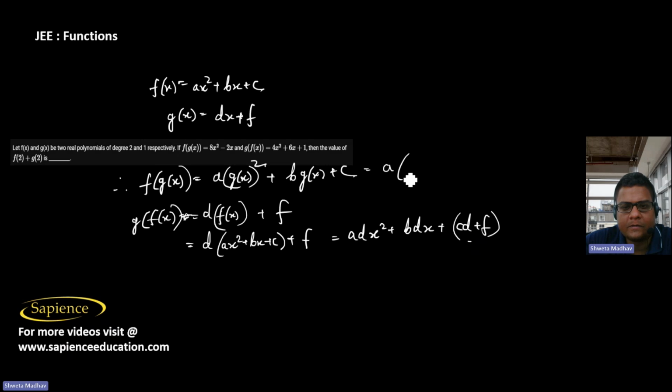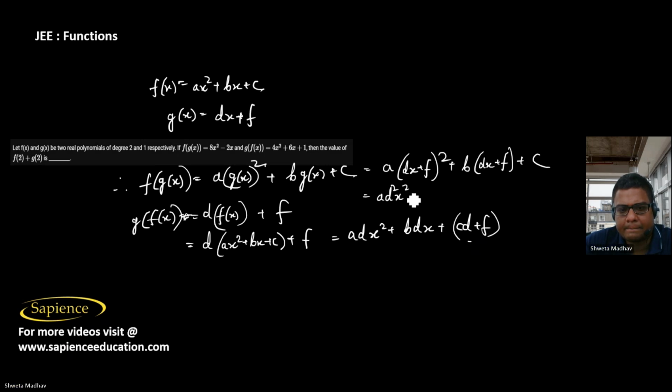Here also this will be a into dx plus f whole square plus b into dx plus f plus c. So this will be equal to a d square x square plus 2 adfx plus bdx plus af square plus bf plus c.